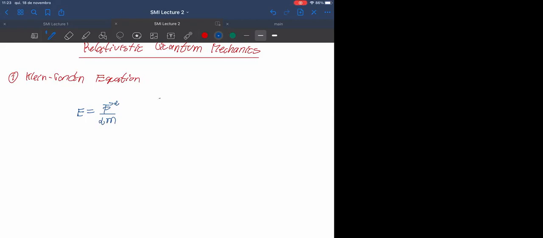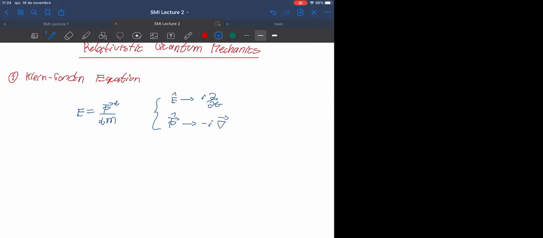So you can make this identification saying that E is an operator, which is going to end up being the Hamiltonian, and this can be written as a time derivative, i d/dt, and also p, the operator. I will not keep the hat on the operator all the time, but it is just to point out that we are talking about operators.